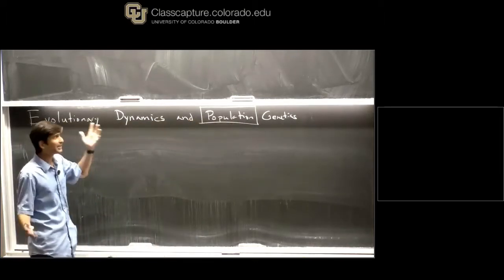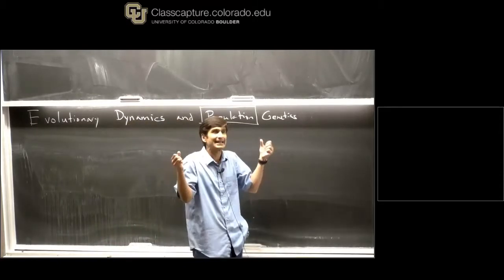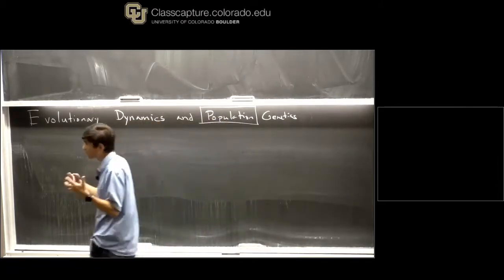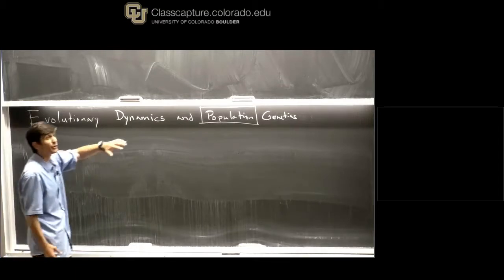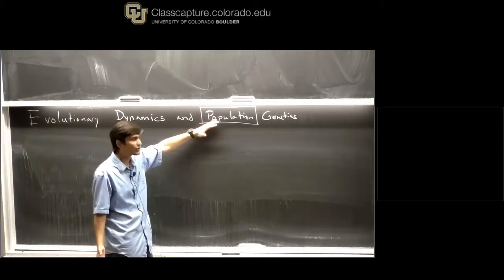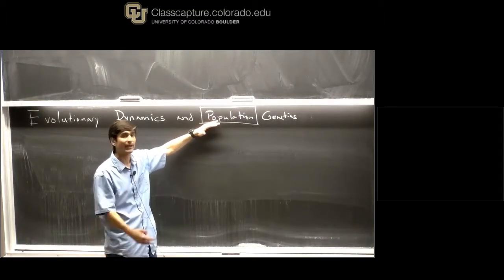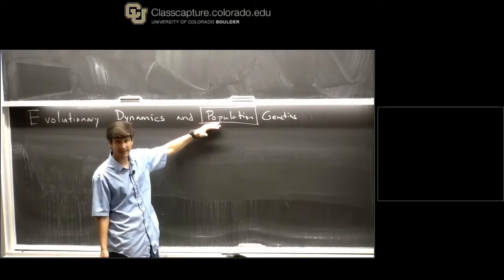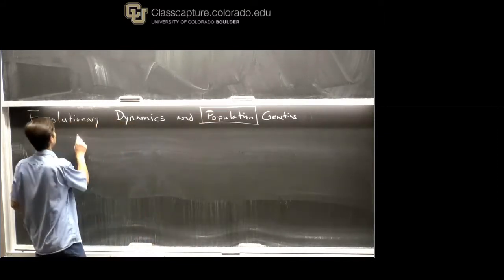So a population we can think of as a group of individuals that interbreeds and competes with each other for resources, for reproductive success. There's a whole big set of open questions about what defines a population, how populations are created and maintained, how different populations interact with one another, which broadly speaking we can think of as ecology.